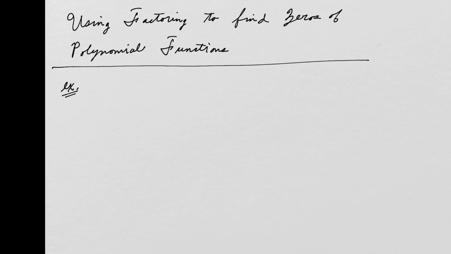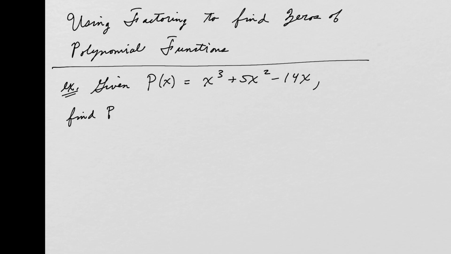Since we didn't talk too much about ones that are easily factorable, let me just mention that. Okay, so let's say I'm given p of x is equal to x cubed plus 5x squared minus 14x. And I want to find the p-intercept and the x-intercepts.